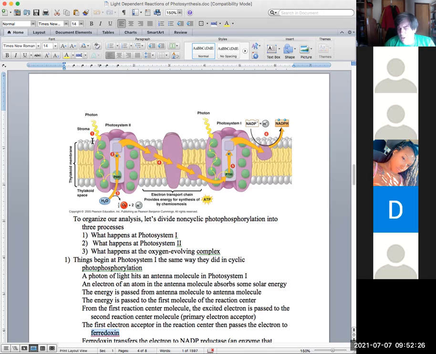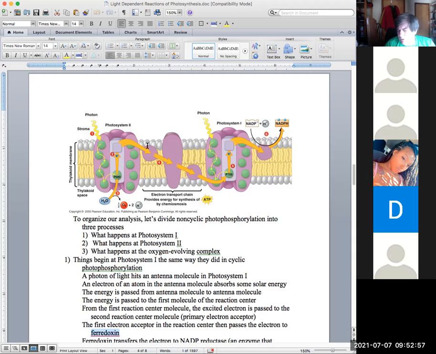When light hits photosystem 2, an electron in one of the pigment molecules in the antenna complex absorbs some solar energy. This energy gets transferred from electron to electron until it gets to the first chlorophyll A in the reaction center. And then that chlorophyll A, again, gives its electron to this purple square, to the primary electron acceptor.